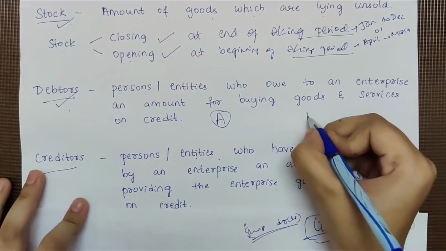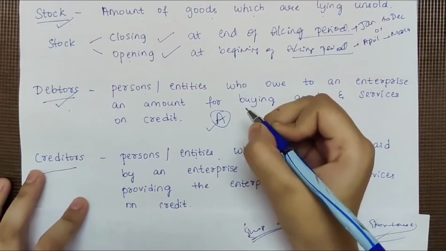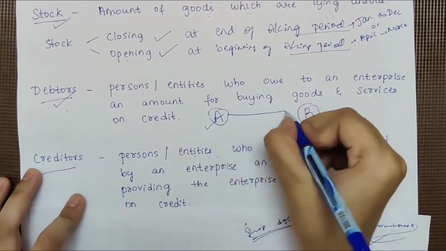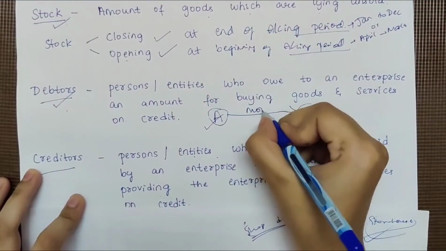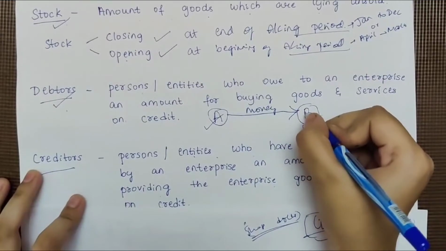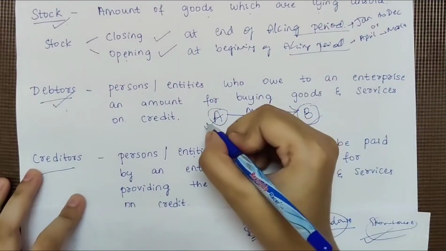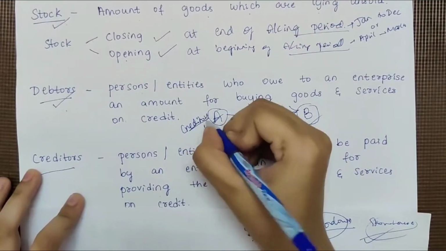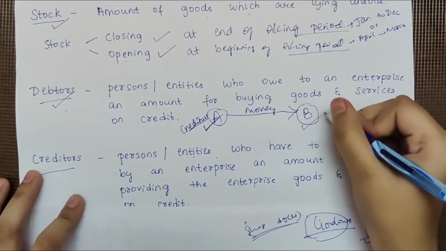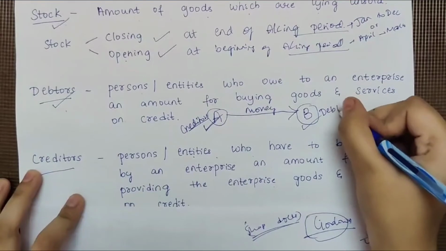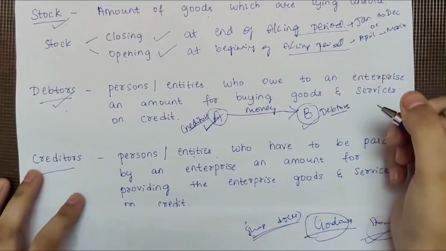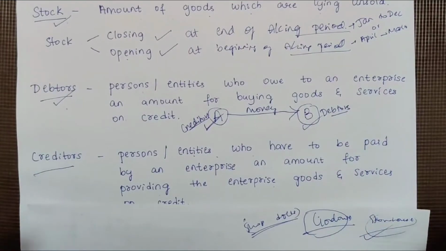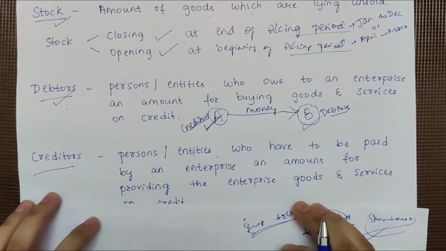A and B are each a person or maybe an entity. A lends money to B. So here A is the creditor who lends the money and B is the debtor who owes A the money.